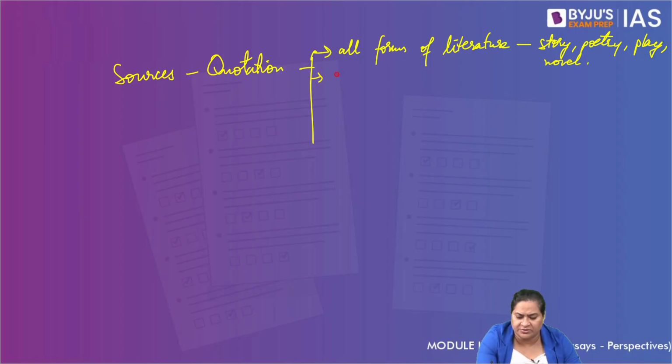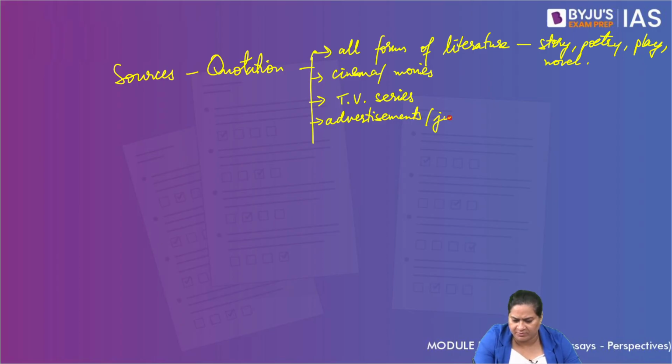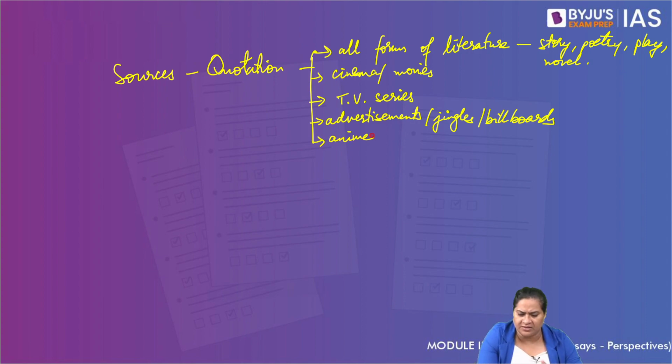You can also connect it with cinema or movies, and pick dialogues from there also. You can pick from TV series, advertisements and jingles, billboards. You can pick it from anime, anything that is entertaining you and you are open to.